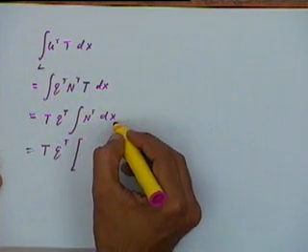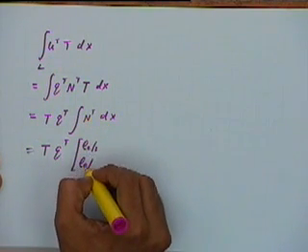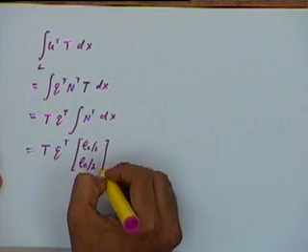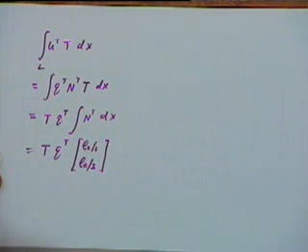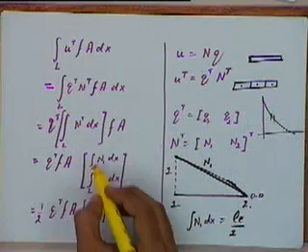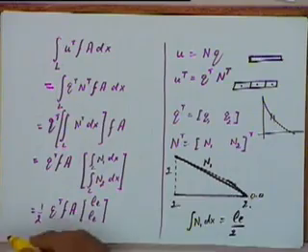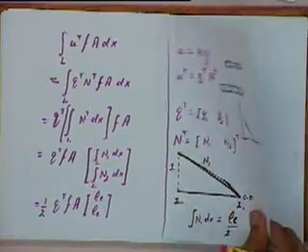Integral of n transpose dx will give us the same thing, that is Le by 2 and Le by 2. This is the same as what we have just derived here; the same expression I am using there.